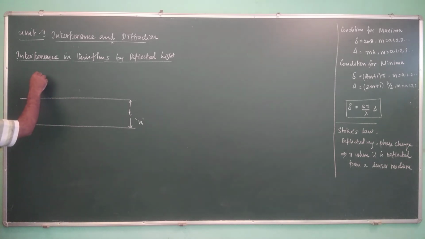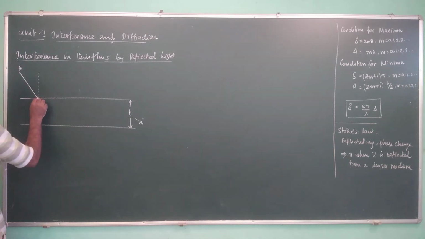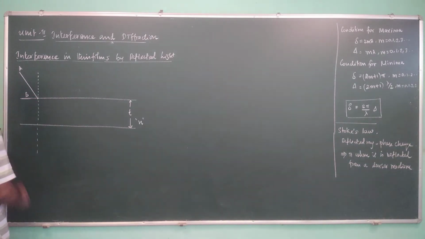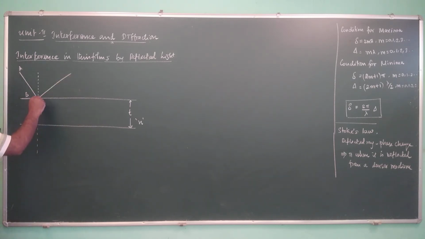Now, let's have an incident wave. It comes from the point A and touches the thin film at the point B, and at point B some of the ray is reflected back and some of the rays are refracted.